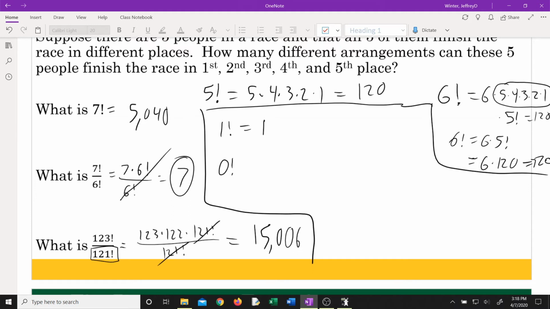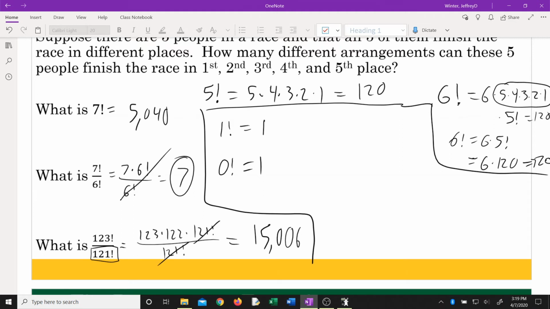Well, you might think, well, you'd start with 0 and then multiply up to 1. However, this actually is not equal to 0. In fact, this might seem really strange, but 0 factorial is actually equal to 1. Now, hold on, how is this actually equal to 1? Let's look at a little trick that we've been using and see if we can figure out what 0 factorial is using that trick.